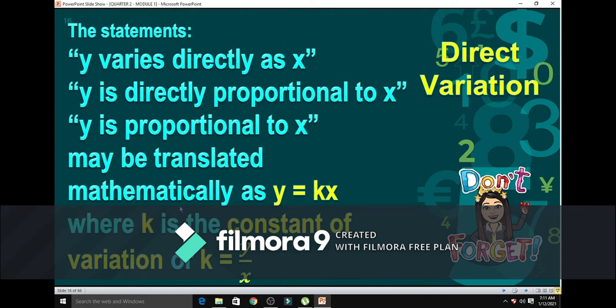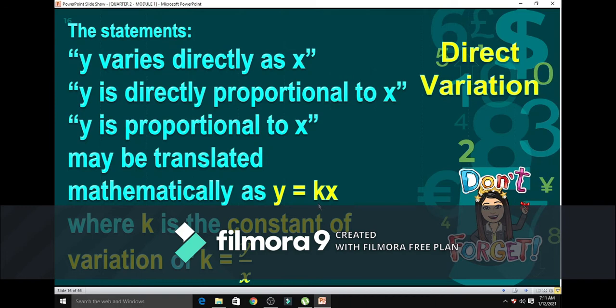So, kung gagawin natin siyang mathematical sentence, kung ano yung unang variable na binanggit, di ba sabi dyan, y varies directly as x. So, kung ano yung unang variable na binanggit, ilalagay natin siya sa left side of the equation. So, ito yon. So, y. And then, equals, yung second variable na binanggit, which is x, ay ilalagay naman natin sa right side of the equation together with k.